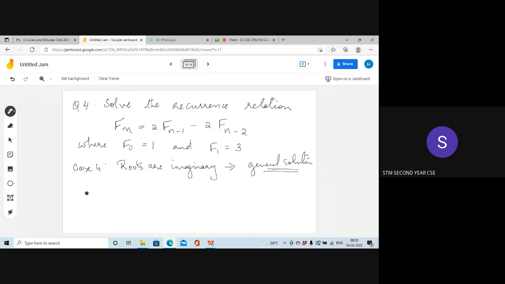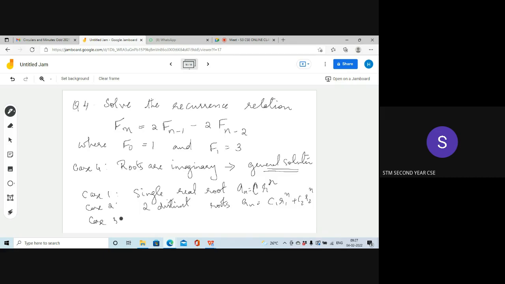So what was case 1? A single real root, and the general solution was An = C·R^n. Case 2, two distinct roots: An = C1·R1^n + C2·R2^n.